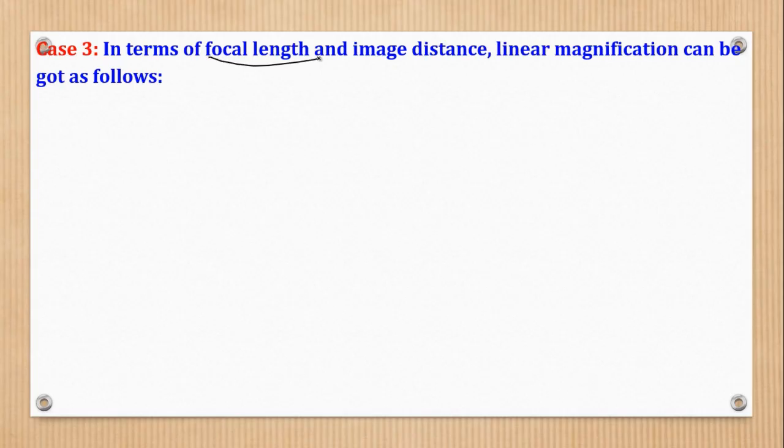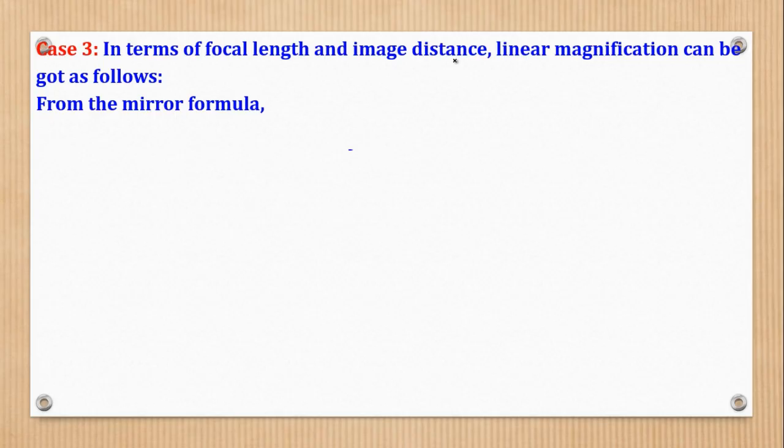What about case 3? Case 3 is getting magnification in terms of focal length and image distance. This one needs some little deriving, because the first 2 we didn't derive since they were also used in O-level, but these next 2 cases are a little new.